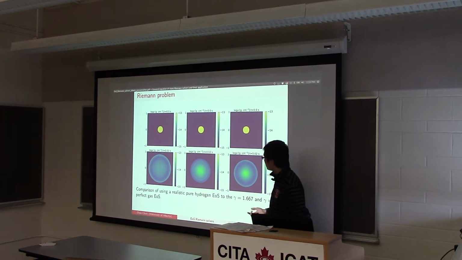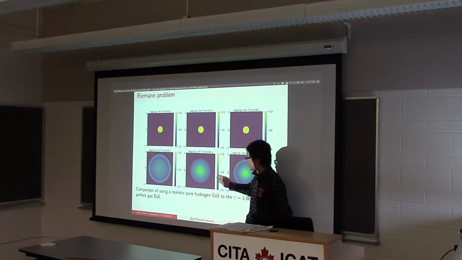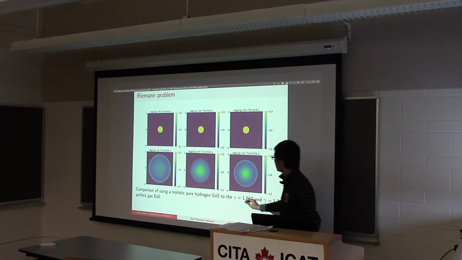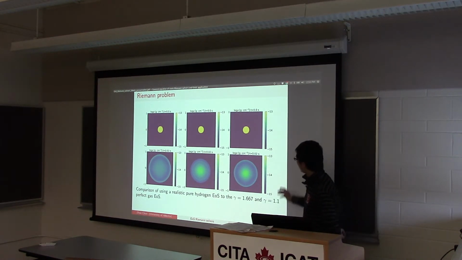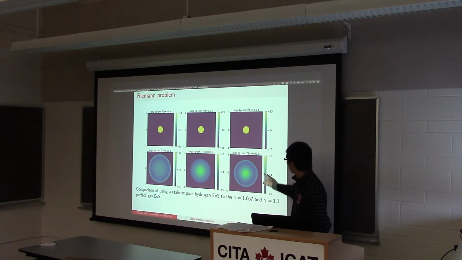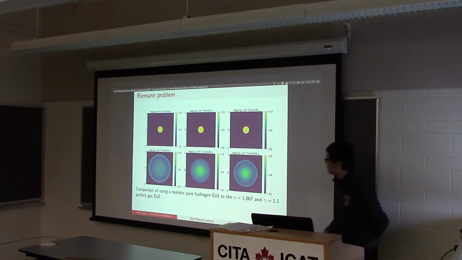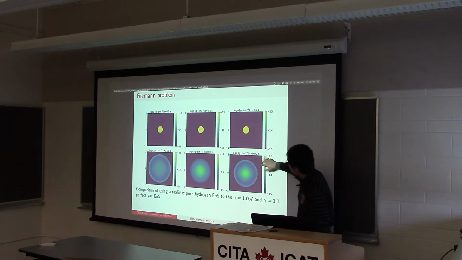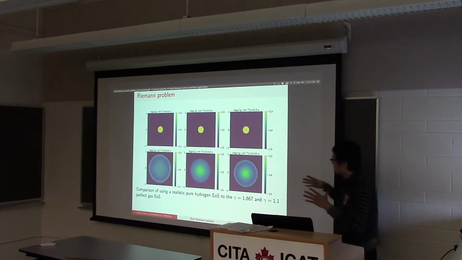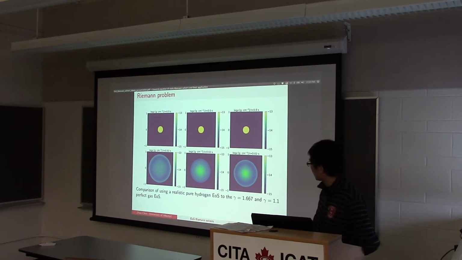Meanwhile, if I use a gamma-law gas, gamma equal 5/3, at the same time their structure is very different. However, the realistic gas is somewhat similar to gamma equal 1.1, which is shown in the third column. But they are still different in size. As you can see, that one expands larger. So we would expect the low gamma to be emptier at the center and more concentrated toward the edges.